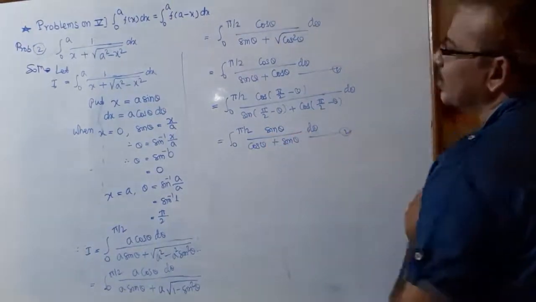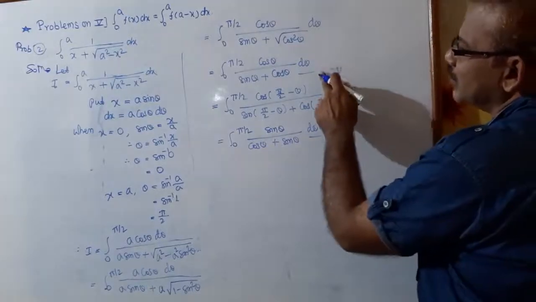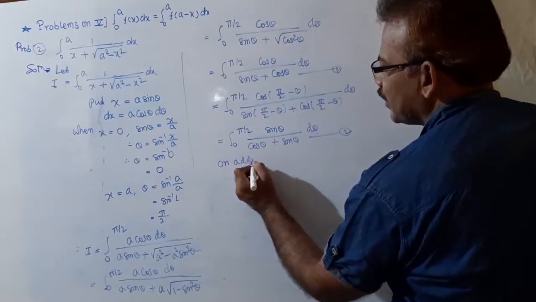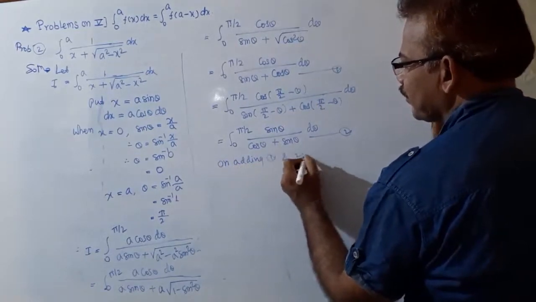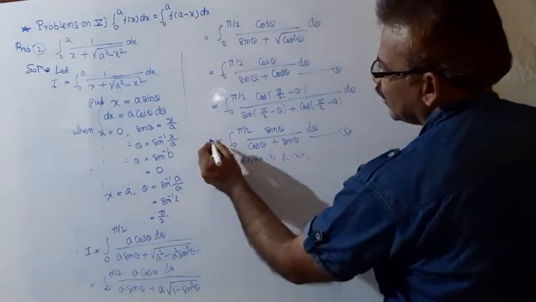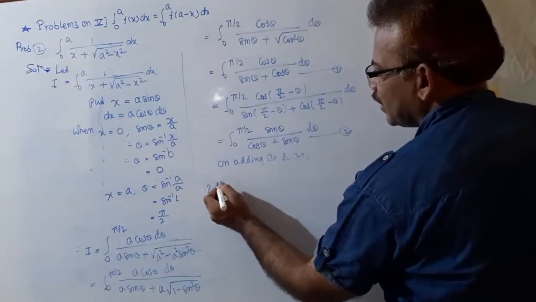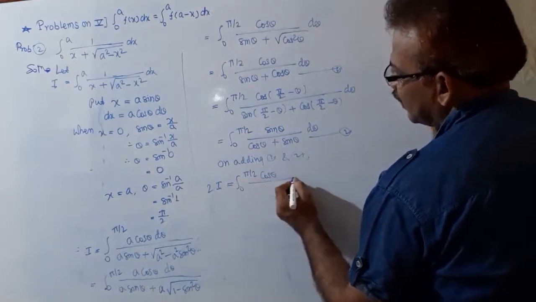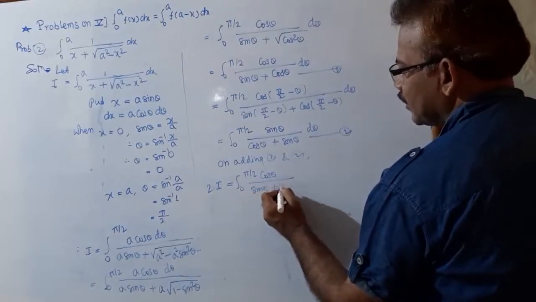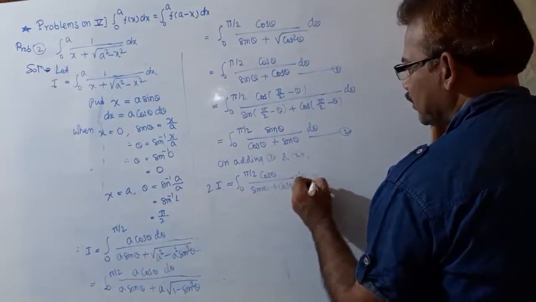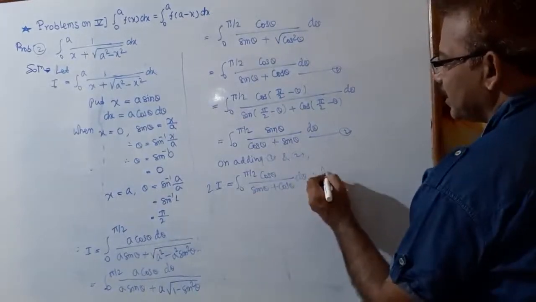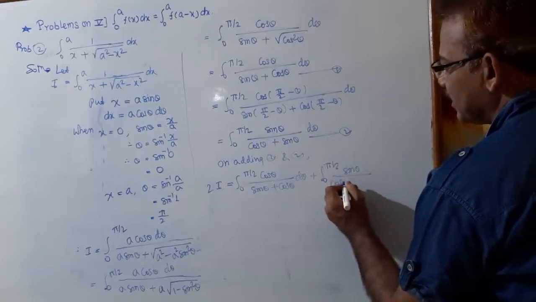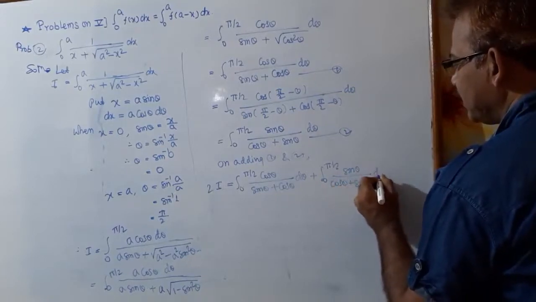Call this equation number 2. See that in equations 1 and 2 the denominators are the same. Whenever denominators are the same, we add the two equations. On adding 1 and 2, the left side is I plus I, which is 2I, and the right side is integration from 0 to pi by 2 of cos theta divided by sin theta plus cos theta d theta plus integration from 0 to pi by 2 of sin theta divided by cos theta plus sin theta d theta.